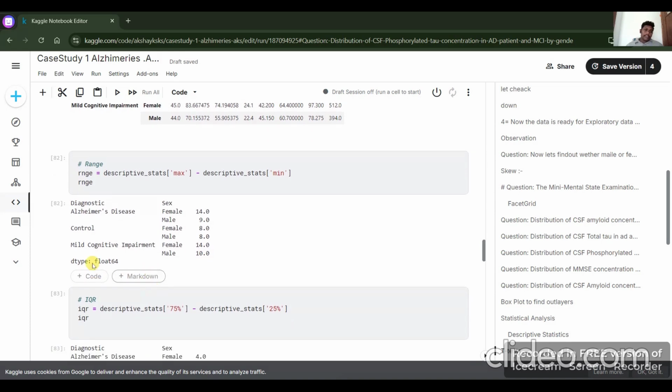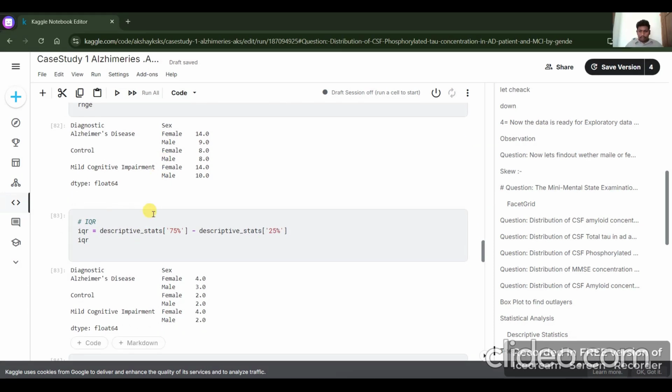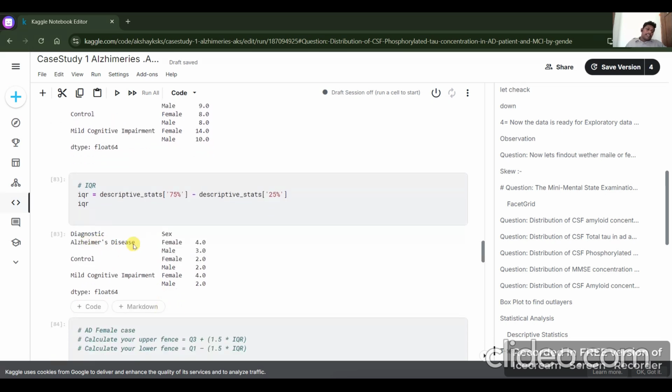This is the data type. Then the IQR from descriptive statistics: 75% minus 25%. The IQR by diagnosis and sex: Alzheimer's disease female 4, male 3; control male 3 and female 2; MCI female 4, male 2.